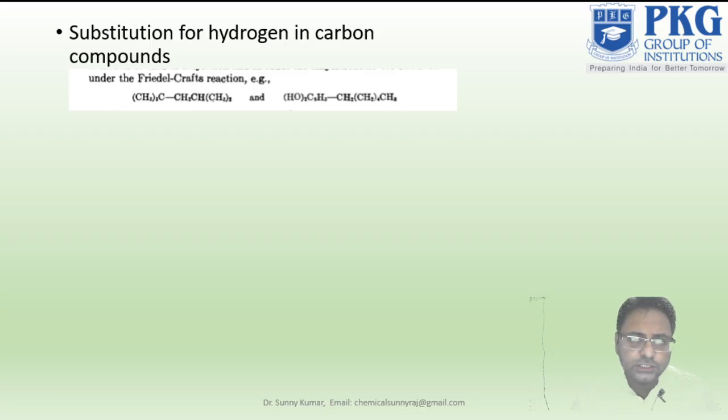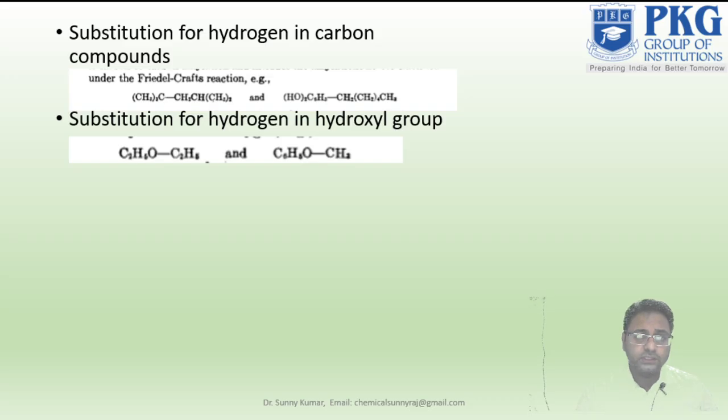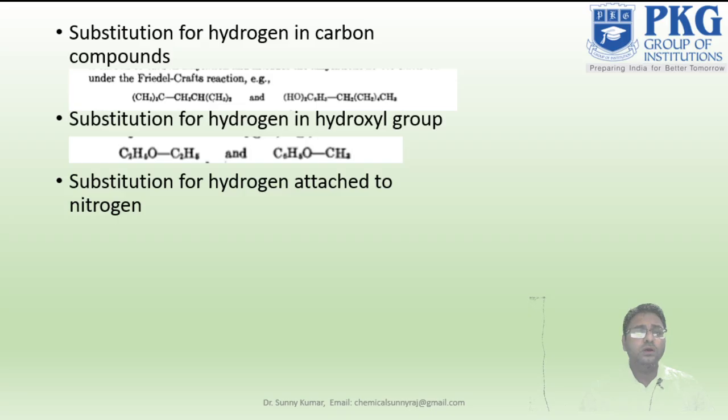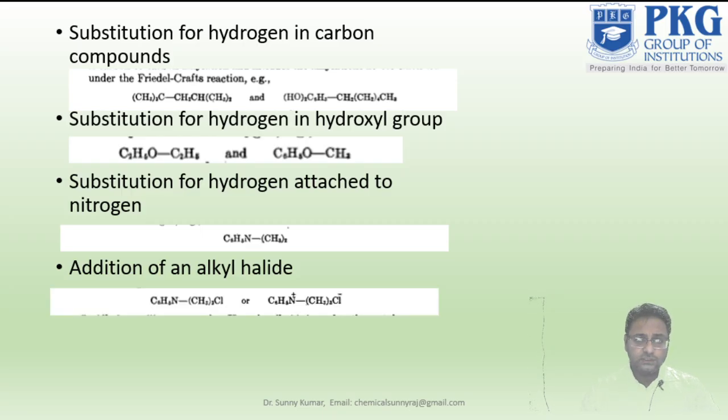Another reaction is the substitution for hydrogen in the hydroxyl group, and the substitution for hydrogen attached to nitrogen. Then there is the addition of an alkyl halide, where the halides are chlorine and iodine, which can also change what happens in the reaction.